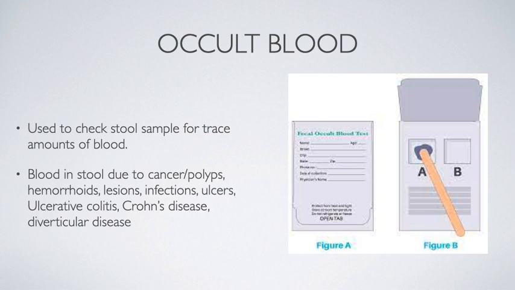Blood can be in your stool for a variety of reasons. Probably some of the more common ones are just GI bleeds, ulcers, peptic ulcer disease, lesions. I've seen a lot of esophageal varices causing GI bleeds due to chronic alcoholism. But there's a variety of issues that can cause blood to enter these stools.